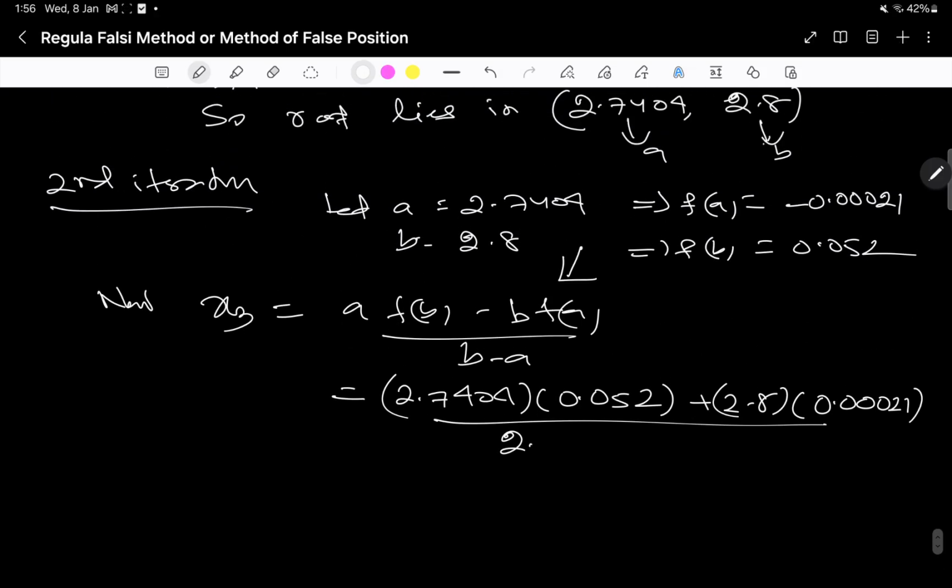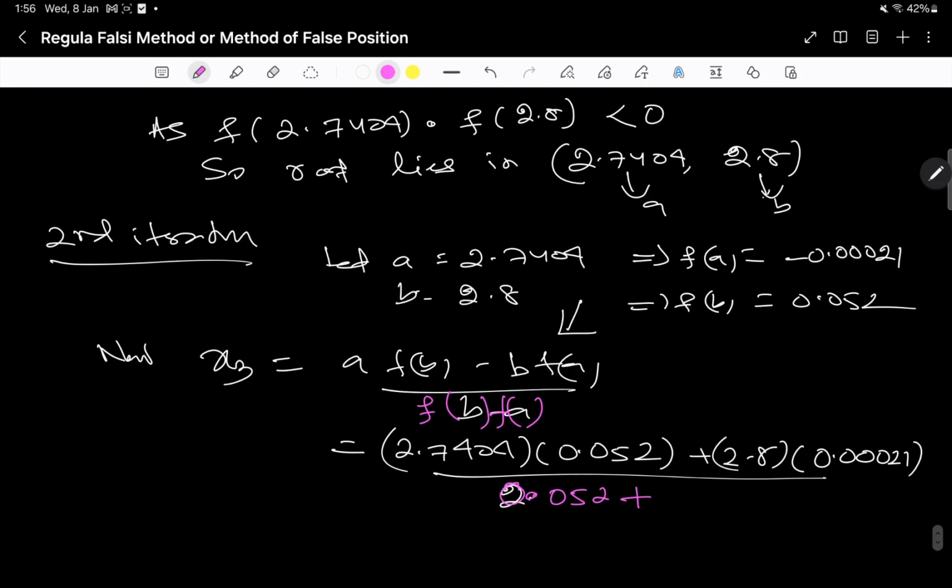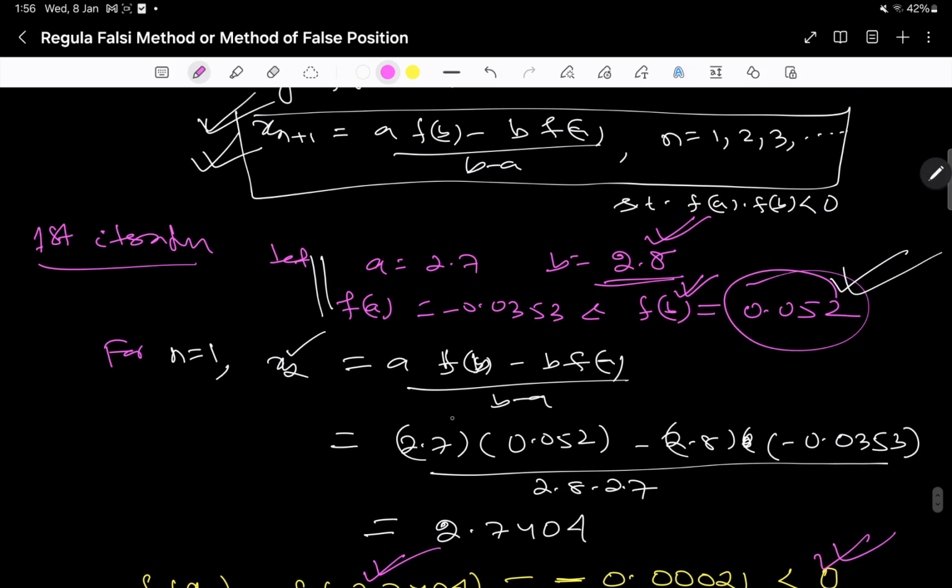Just a correction in the formula. It is fb minus fa. So this will be 0.052 plus, minus of minus means plus, 0.00021. Accordingly here also please rectify it. It is fb minus fa.